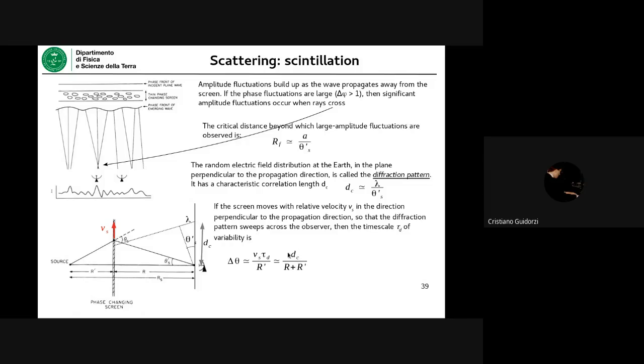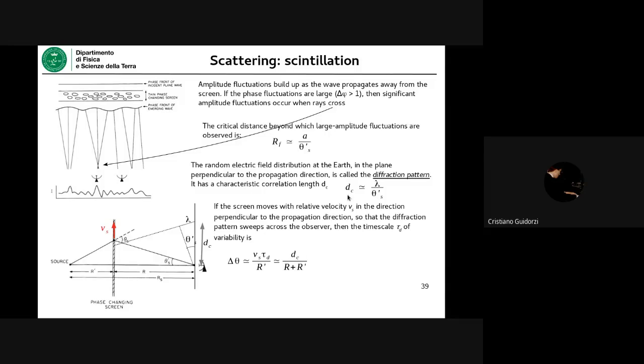Why do I use dc, which is the correlation length? Because I want tau d, the time interval, to be large enough that the consequent displacement along this plane is indeed comparable to the correlation length. Why do I want this?